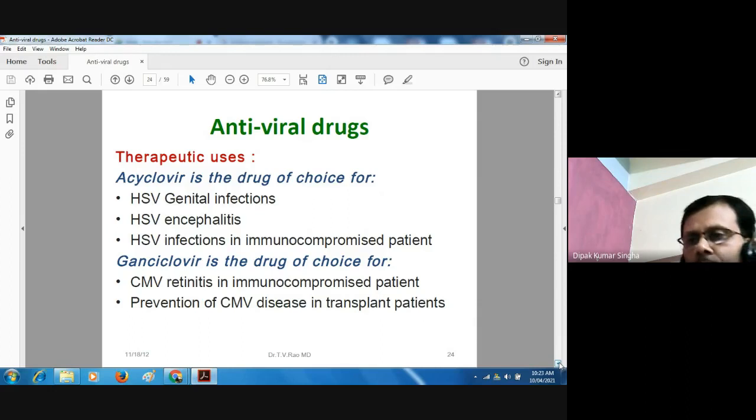Acyclovir is the drug of choice for HSV genital infection, HSV encephalitis, that is viral infection in the brain, and HSV infection in immunocompromised patients. Ganciclovir is the drug of choice for CMV retinitis in immunocompromised patients, and for prevention of CMV disease in transplant patients, such as organ, kidney, heart, and liver transplants, where antiviral drugs are used along with immunosuppression therapy.